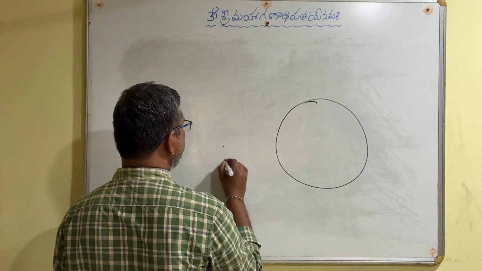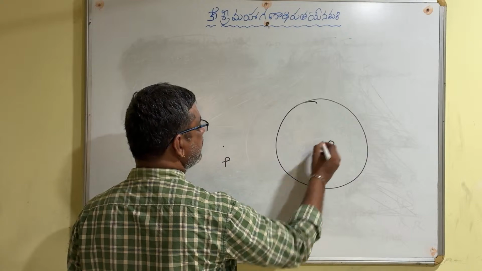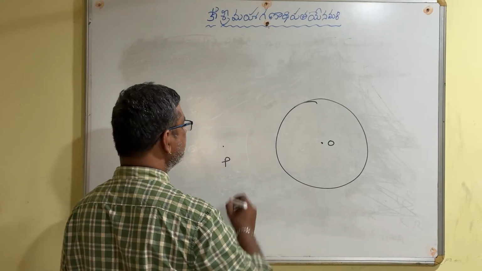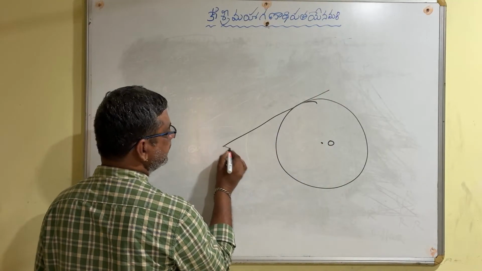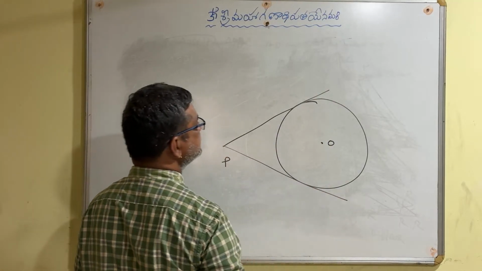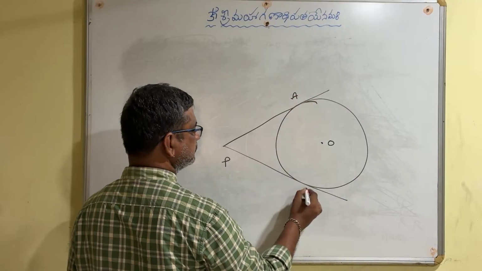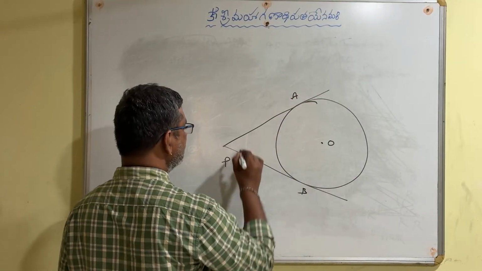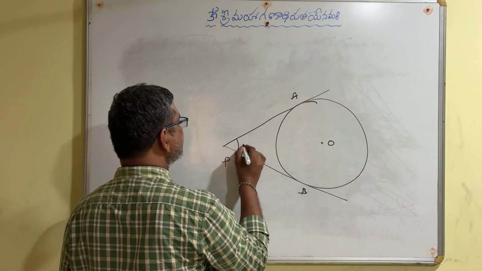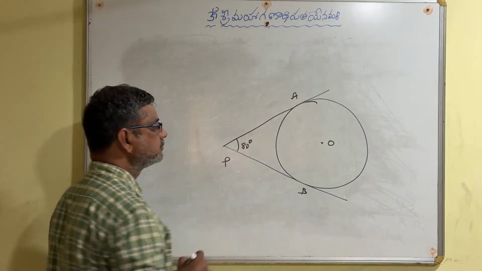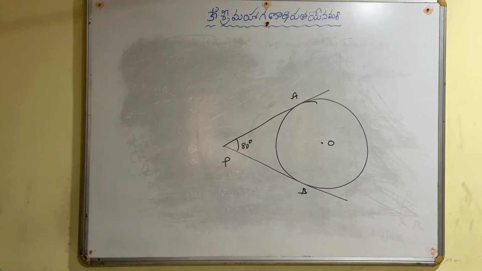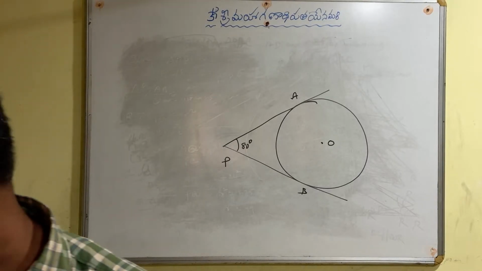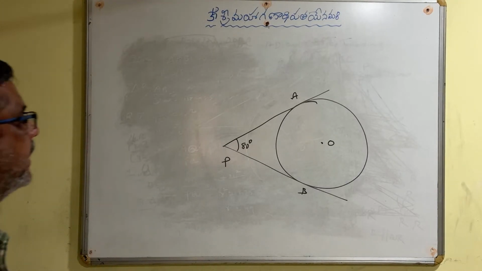There is a point P and a circle with center O. PA is one tangent, PB is another tangent. The angle between the tangents is given as 80 degrees, and we are asked to find POA.